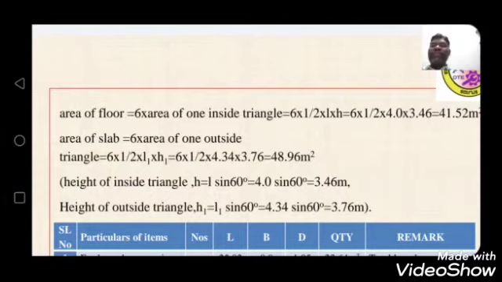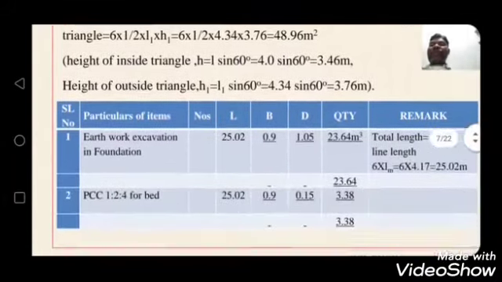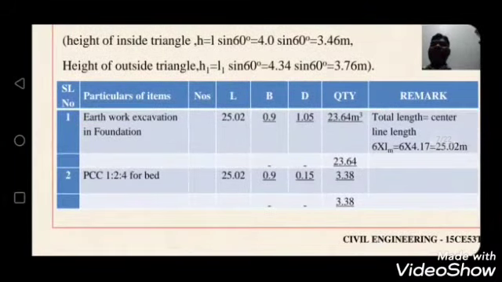The height of inside triangle H is equal to L sin 60 degree, L is equal to 4 meter, sin 60 degree is around 3.46 meter. Height of outside triangle H1 is equal to L1 sin 60 degree, L1 is 4.34 into sin 60 degree, which is equal to 3.76 meters.